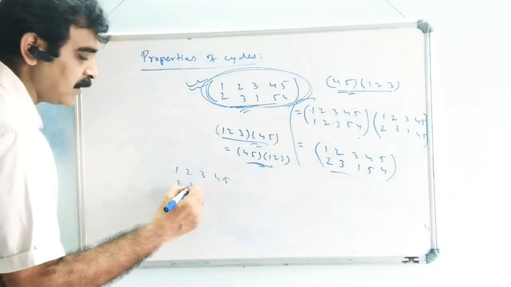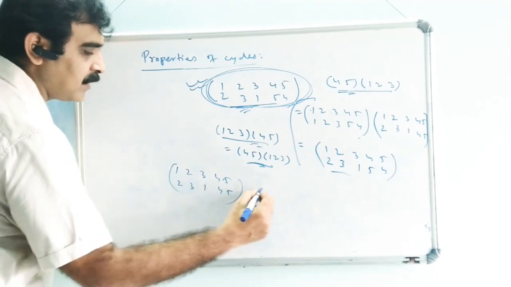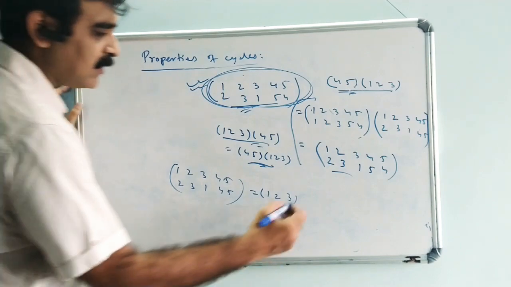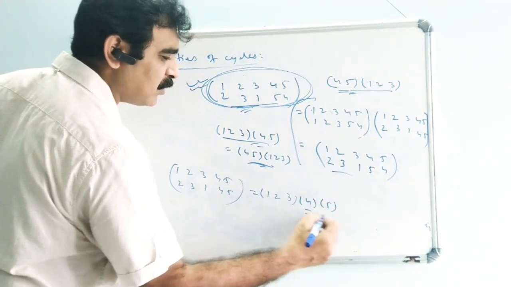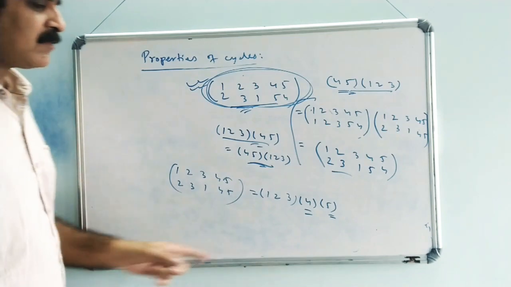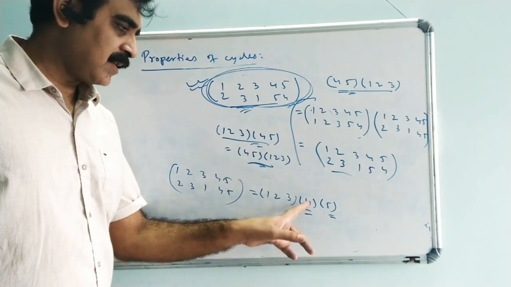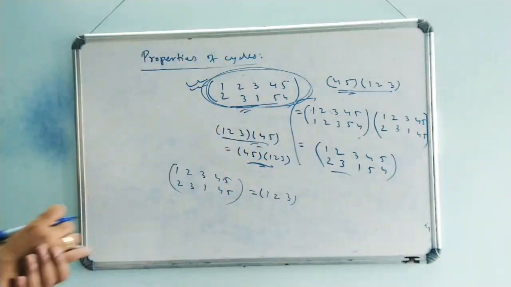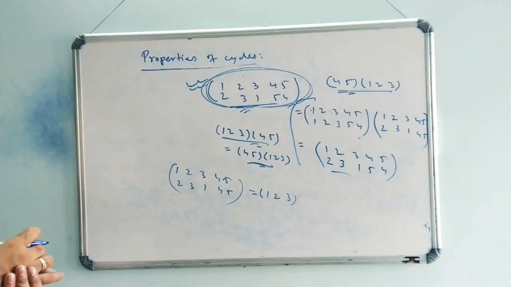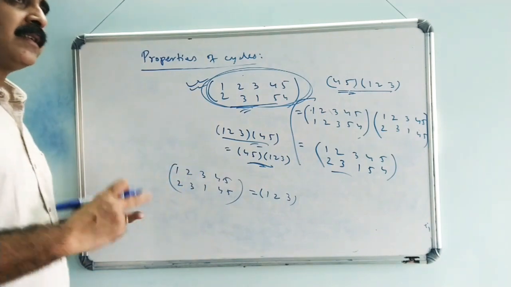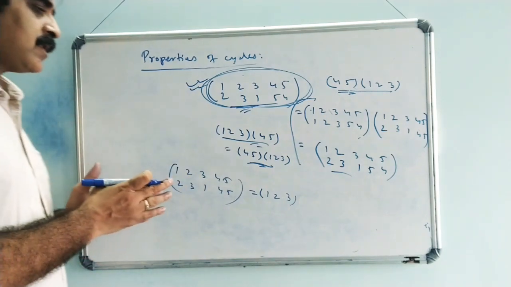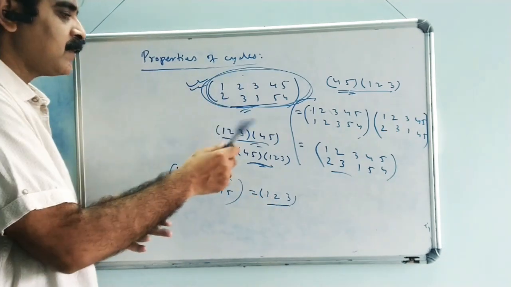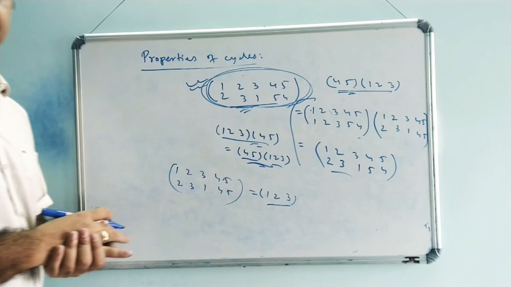If we consider this, then this is itself a cycle. You may write this, but we don't need these elements because 4 remains fixed and 5 remains fixed. So we can omit this part. So we can generalize the result: any permutation is either a cycle or it can be expressed as the product of disjoint cycles.